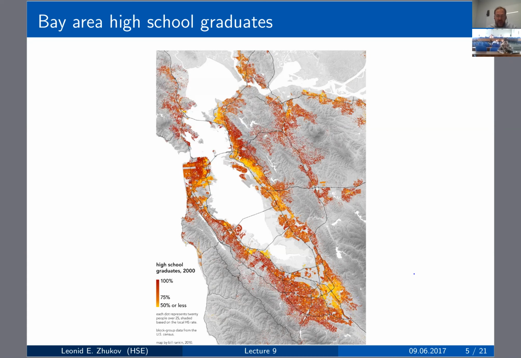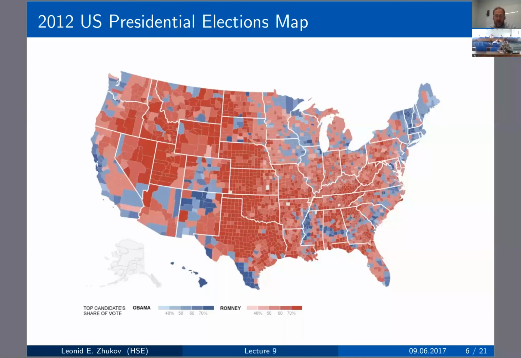Final example, now it's actually a little bit of an old example because it's old news. It's from the previous election cycle in the US, but for this cycle, the situation was quite similar. This is political preferences. This is the people who voted for Obama versus Romney back in the 2012 election.